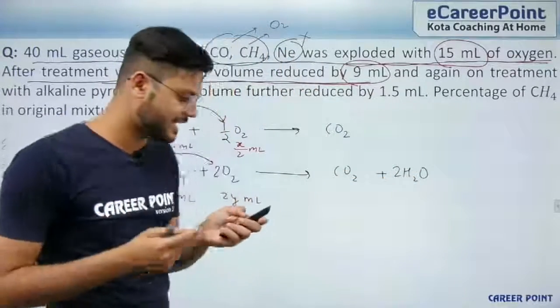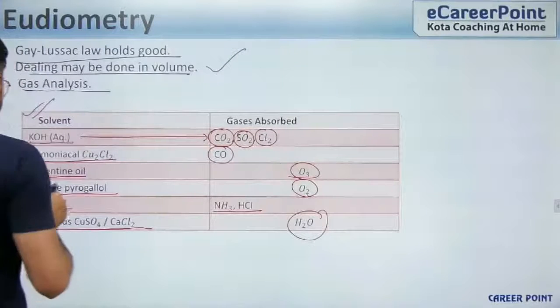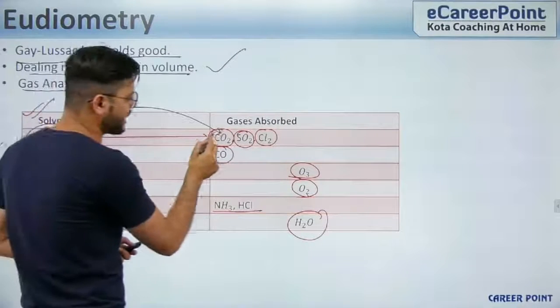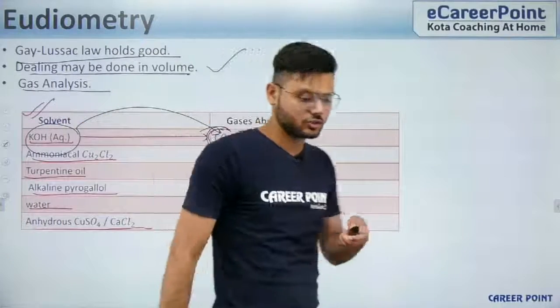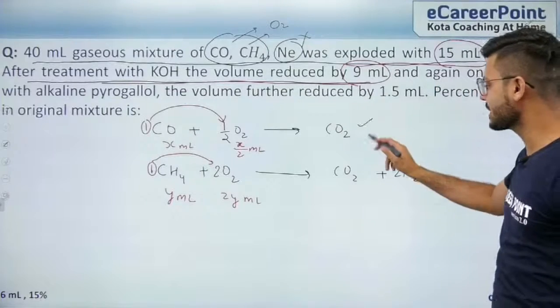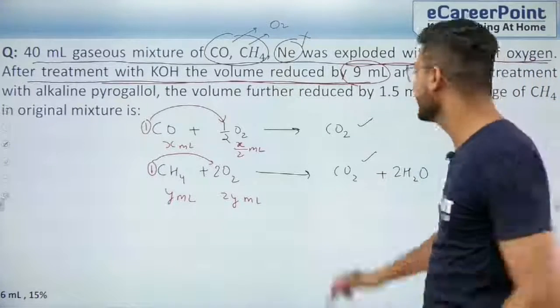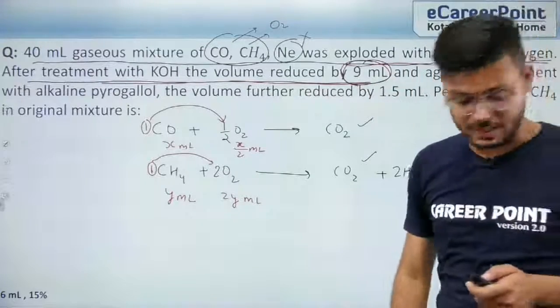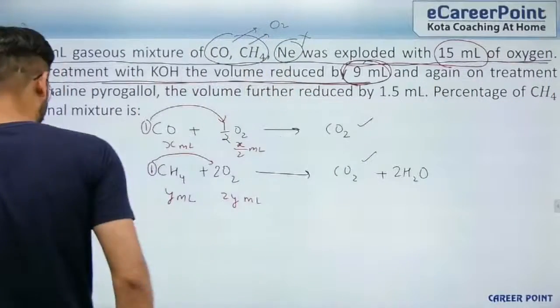Anyone from this. Let's see from our chart. In our chart it is saying that KOH is only absorbing the carbon dioxide. So now I can understand that this is going to absorb the carbon dioxide. So how much carbon dioxide? It is 9 ml carbon dioxide. That's why KOH is used 9 ml, or it reduced the volume 9 ml.